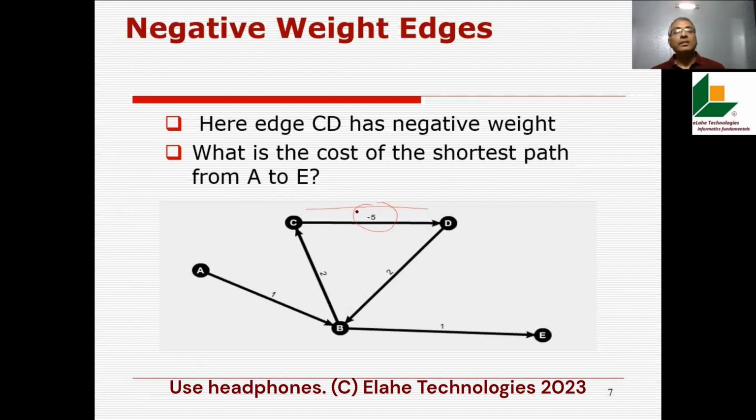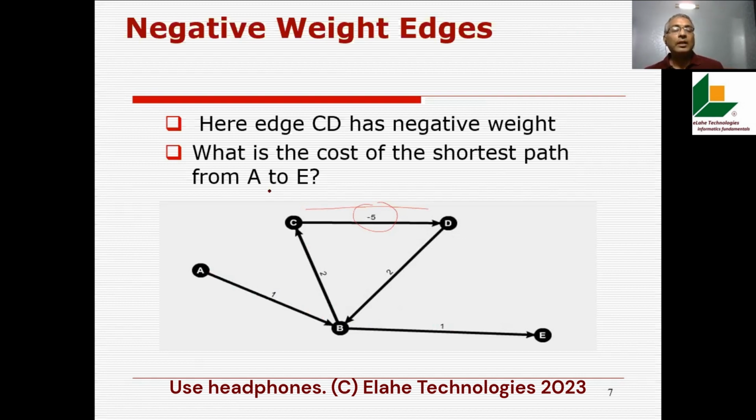So now what is the significance of this? Let's try to figure out what is the shortest path from A to E. From A to E, if I go via B, the path length is 2, right? AB is 1, and BE is 1. So 1 plus 1, 2, is the cost of the path ABE.